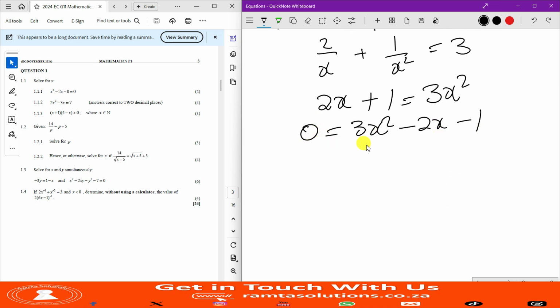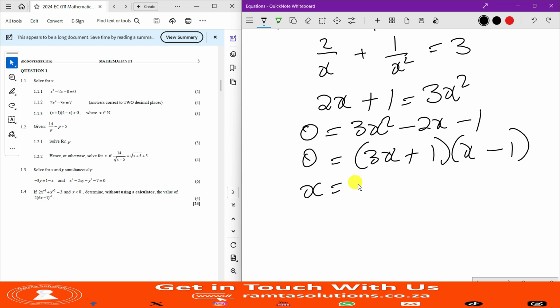Now we can factorize this. So when we factorize this, we say 0 equals 3x plus 1, x minus 1. As you can see, the constant is negative, therefore the bigger factor must take the sign of the middle. It must be negative, and this must be positive.